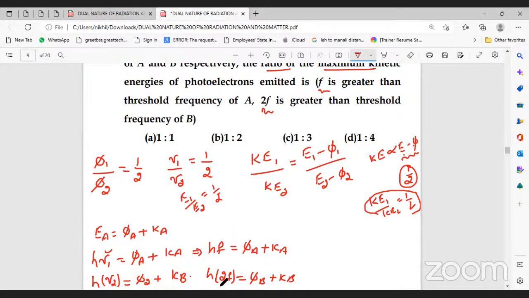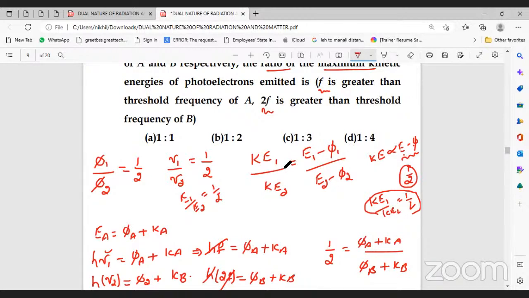If I take the ratio, hF and hF will get cancelled out, and it will become 1 by 2, right? Yes, sir. So 1 by 2 is phi A plus KA divided by phi B plus KB. So this is one equation.